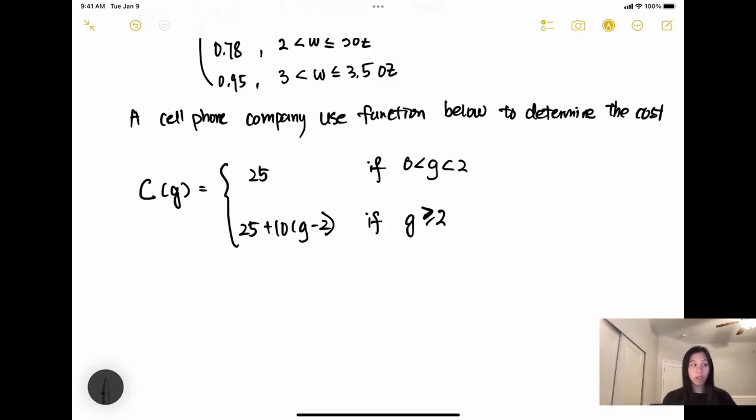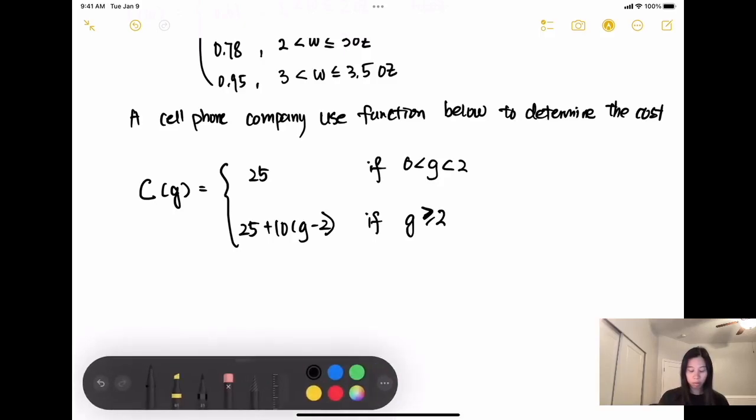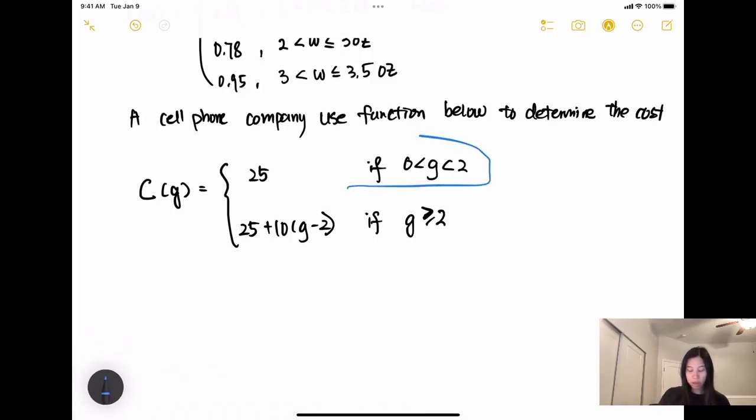Okay, so when you look at that function, what does that mean? How do you interpret the function? Well, let's take a look. G is the gigabytes, the data that they use. When G is between 0 and 2, they charge you 25. How do you write that in the language that we understand?